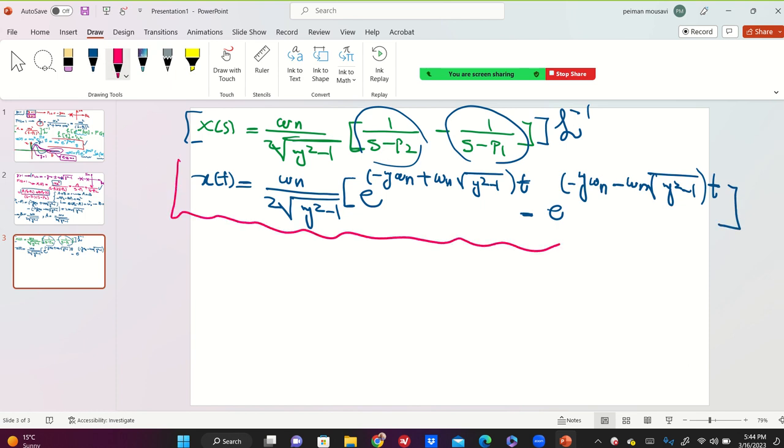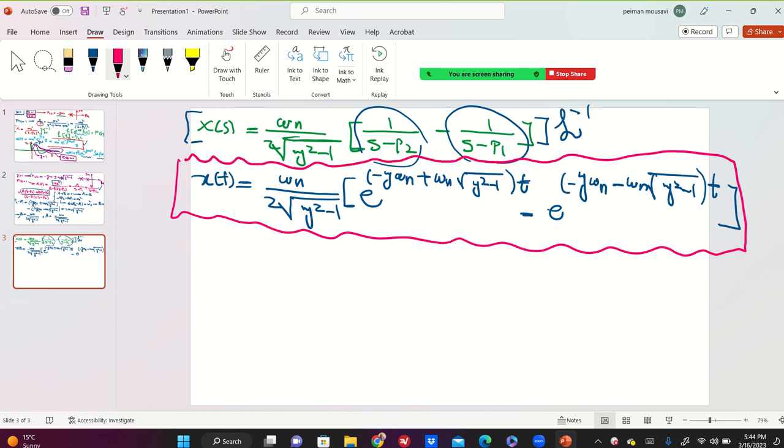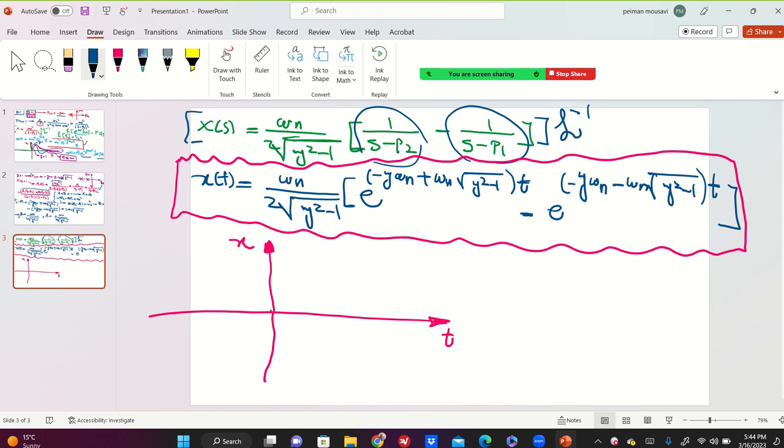And this is the answer of the system. Likewise, as with the critically damped system, do you see any harmonic term in the solution? No. So if I want to plot finally to make a conclusion for the other cases, x versus t, this is the impulse input.